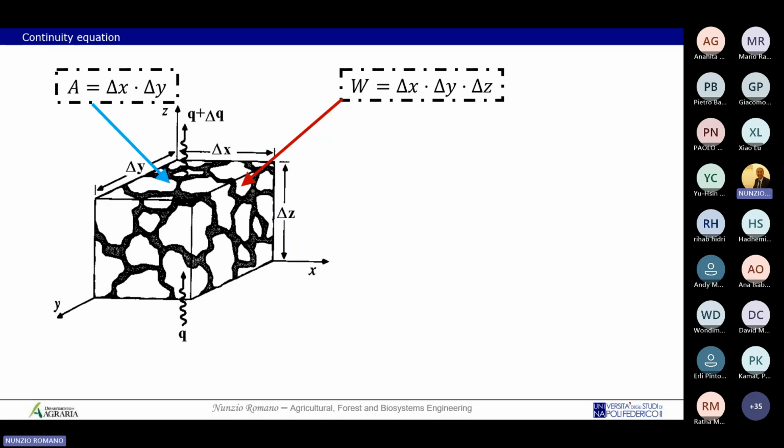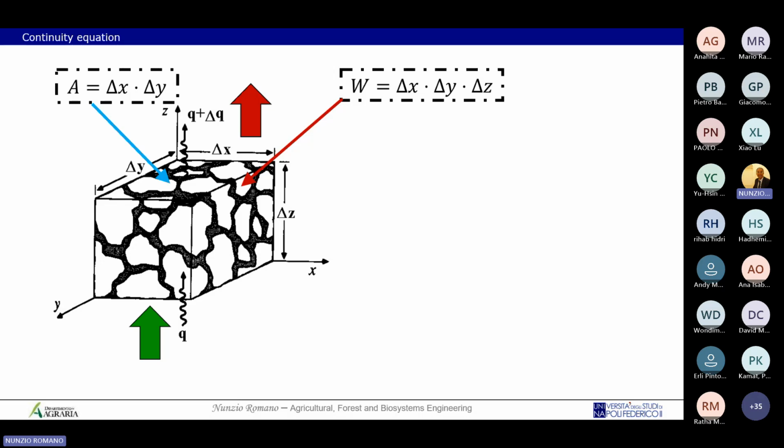So we have again the specific flow rate, the green arrow, that means the water that enters the control volume, and then after a certain time we have Q plus delta Q, some water that can exit.